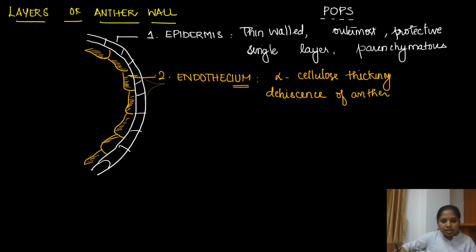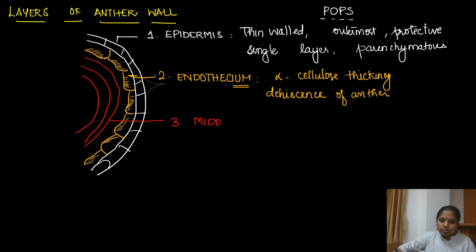Then the third layer is multiple layers. They are not a single layer; there are 2-3 layers. These are called the middle layers. This is the third one.